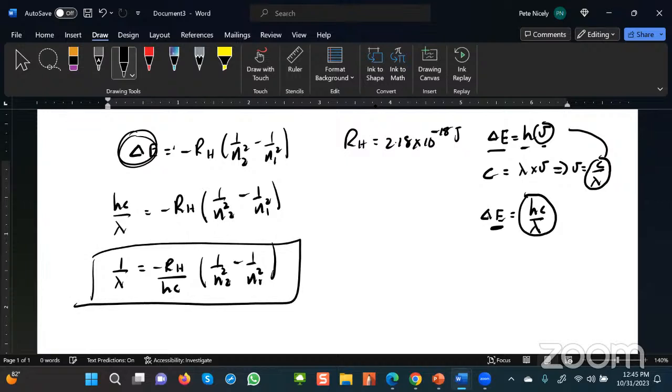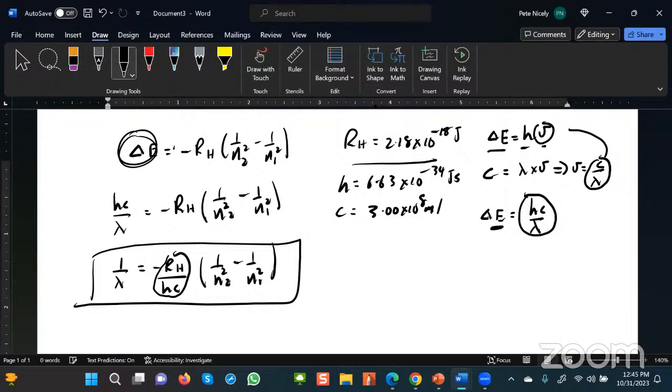Now, in this part of the expression, we basically have some constants. We have RH, which is this right here. We have h, which, if you recall, is equal to 6.63 times 10 to the minus 34 joule seconds. And we have c, the speed of light, which is 3.00 times 10 to the 8 meters per second. So I'm going to put these constants into this part to see what that gives.